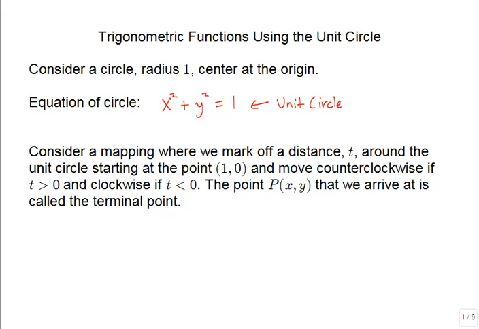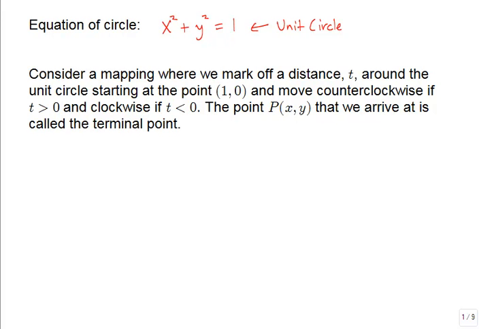Now what we're going to do is travel around this circle. So we're going to imagine taking our unit circle, and we're always going to start at the point 1, 0. If we move with a distance t, starting at 1, 0, where t is positive, we are going to move in the counterclockwise direction from this starting point 1, 0.